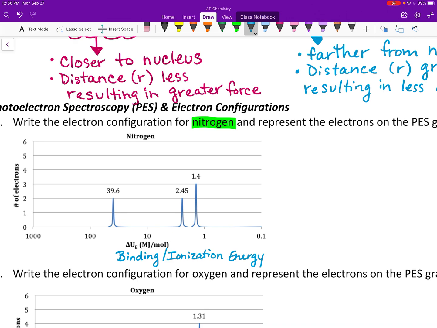You'll see both sometimes depending upon where the graphs are coming from. One thing I really want you to notice is that in this particular case, the highest value is closest to the y-axis, and so this is going to be closest to the nucleus.